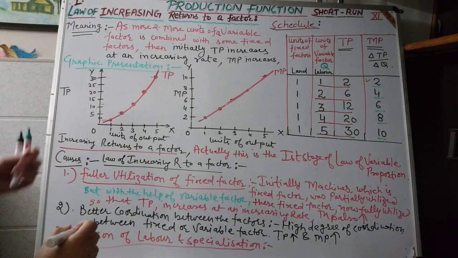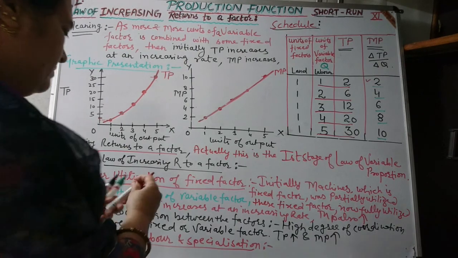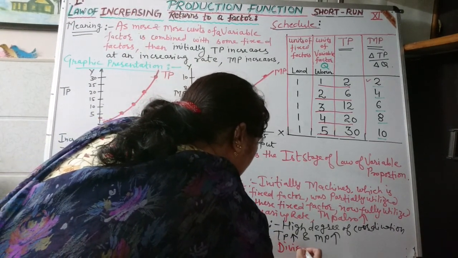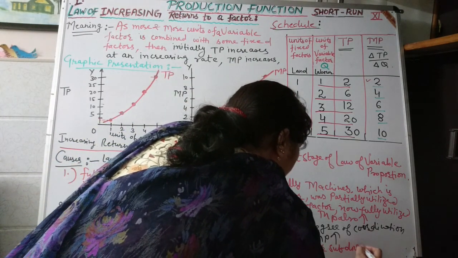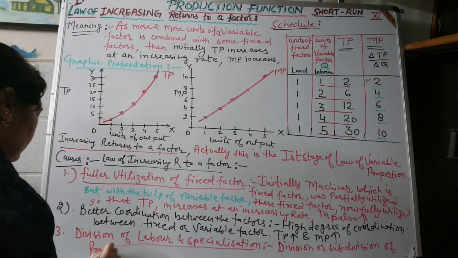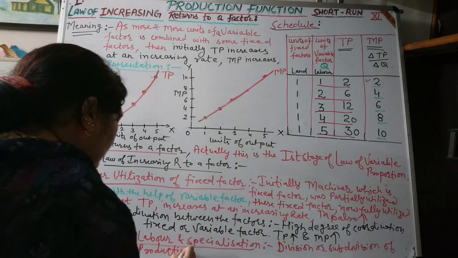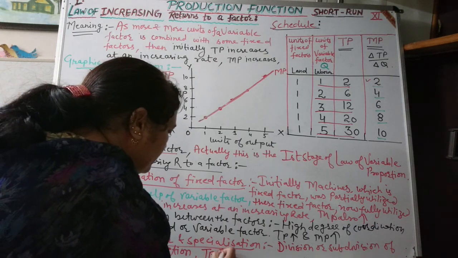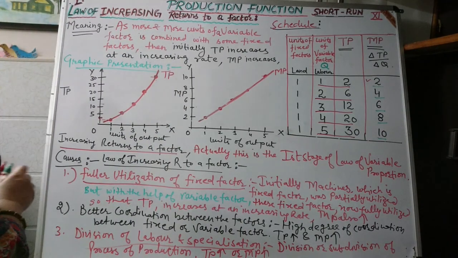As the variable factor is combined with the fixed factor, there will be division or subdivision of the process of production, and ultimately this variable factor will increase the total production and marginal production will also increase.